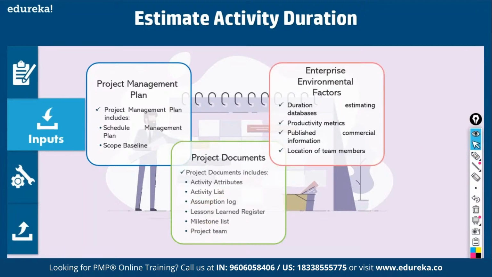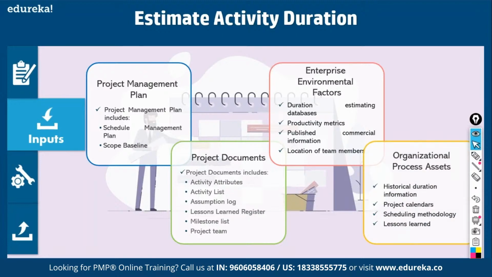Then enterprise factors, for example, productivity metrics. What is the productivity of team members? They'll decide the duration. That's an example. Then comes organizational processes, historical duration. This is information of the earlier projects, which you can use. Project calendar. What is a project calendar?